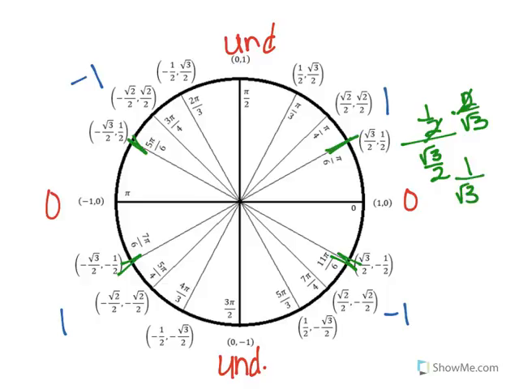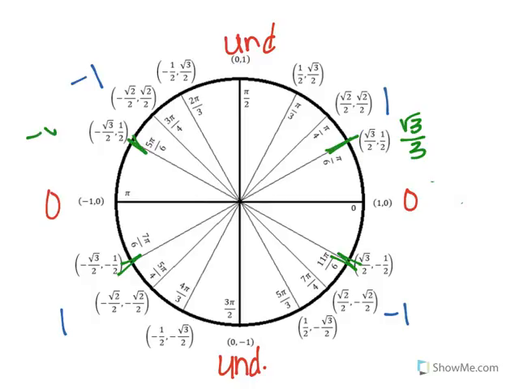But we want to rationalize that denominator, right? So we end up with the square root of 3 over 3 as our tangent. So it's going to be the same at all of these, you just have to consider where your negatives are at. So we've got negative over here, positive over here, and negative over here.